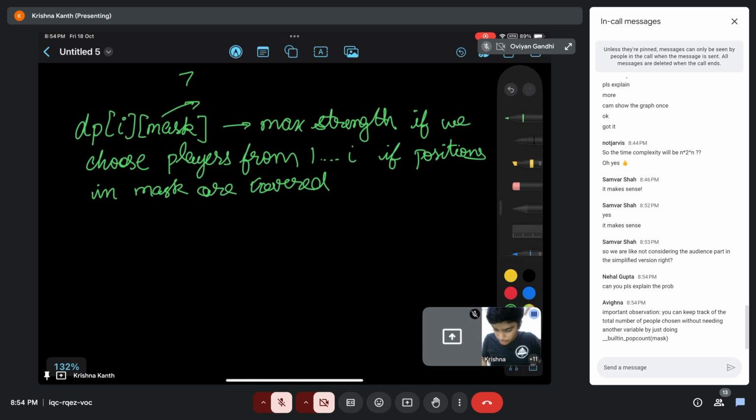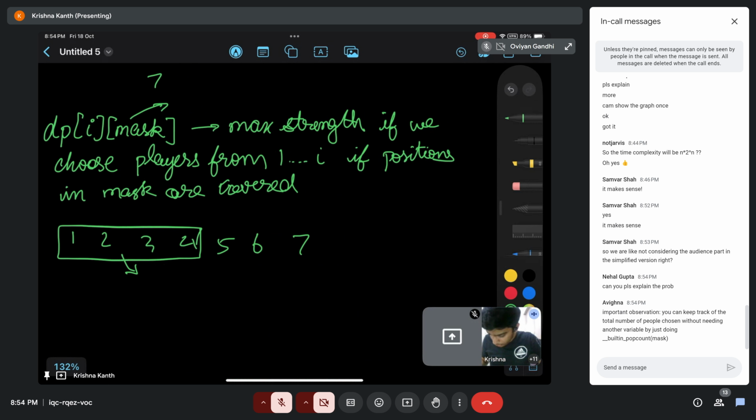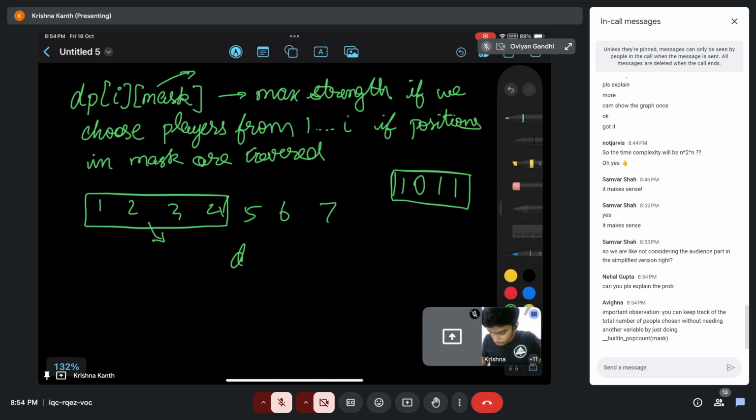So the DP says that let's say we have 1, 2, 3, 4, 5, 6, 7 players. Now we're solving a DP for 4. Let us say we want to place these 4 people, and we have, let's say, a positions mask like 1011. Let's say there are only 4 positions, and then we are solving for the mask, basically DP of 4.